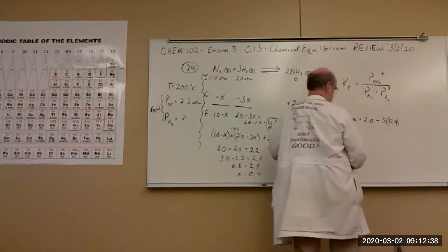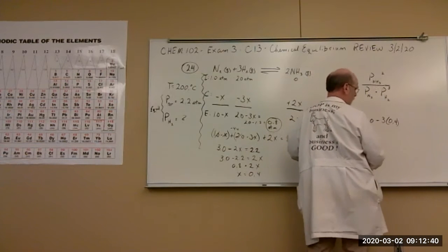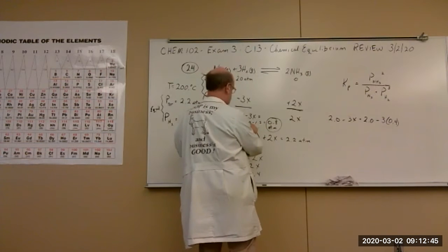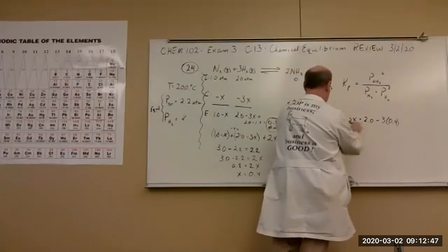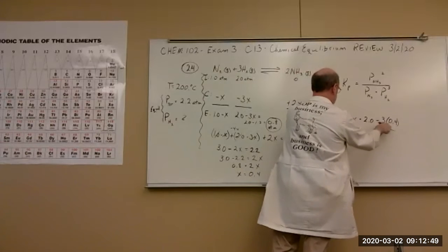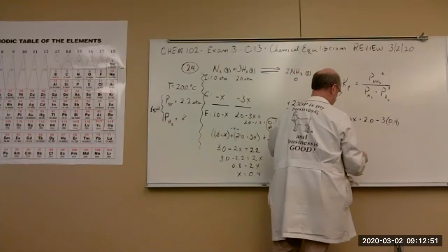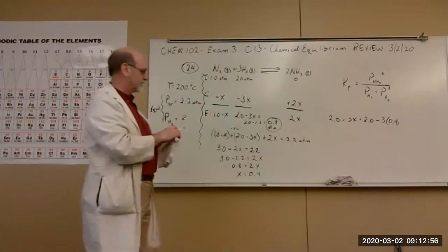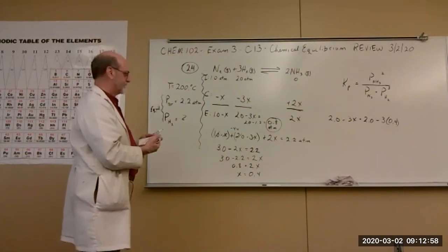There we go. So 2 minus 1.2 is, well, that's where the 2 comes from. 1.2. Okay? So it's B. Yes.